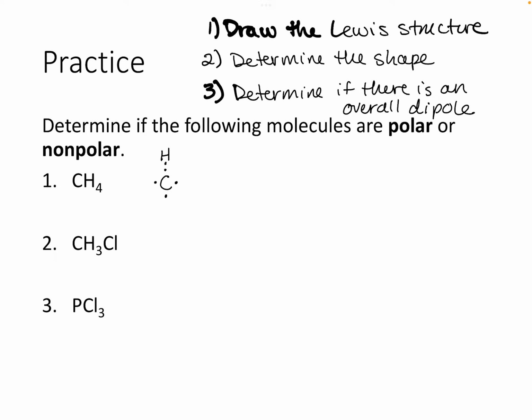And each hydrogen has 1 valence electron. Okay, so this carbon has 4 bonded atoms. So what shape do we expect for this molecule? Tetrahedral.